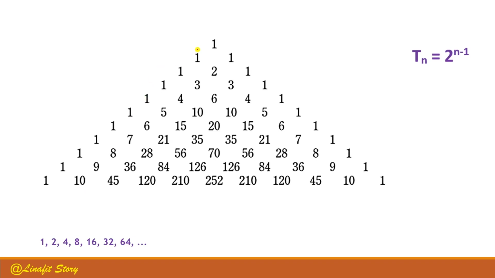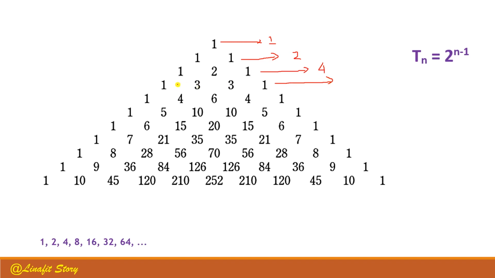Here is the Pascal triangle. The first row sum is 1. The second row, 1 plus 1 is 2. The third row, 1 plus 2 plus 1 is equal to 4.